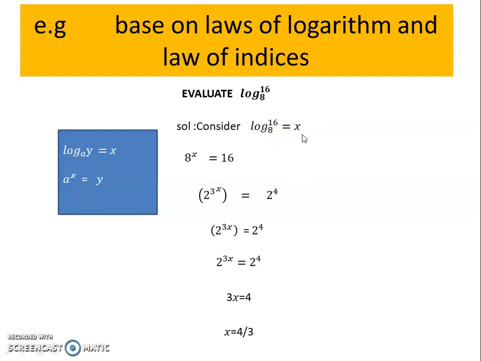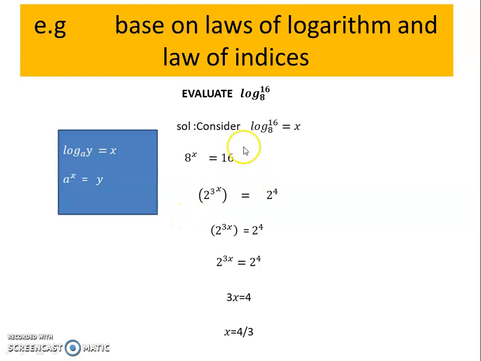If we don't know a value, we put x. We have log y to the base a is equal to x. Converting it to exponential or power form, a raised to x equals y. So I can write 2 raised to 3 raised to x, because 8 is 2 raised to 3 and 16 is 2 raised to 4.